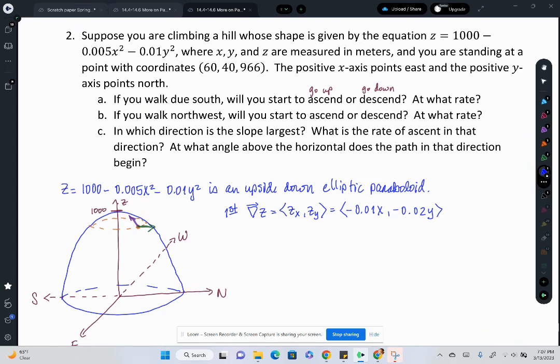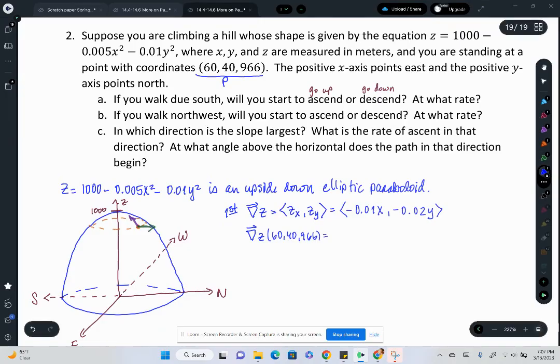And I would like to calculate my gradient vector at the point that we're standing on. That point is (60, 40, 966). So I'm going to calculate my gradient vector of z at (60, 40, 966). Now, obviously, there's no z in my gradient vector, but that's still part of my problem. It's one of the parts of my point.